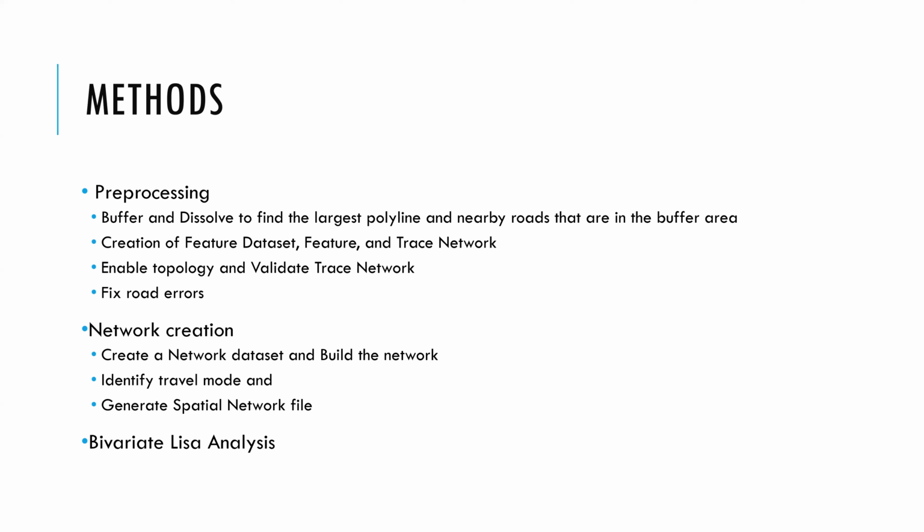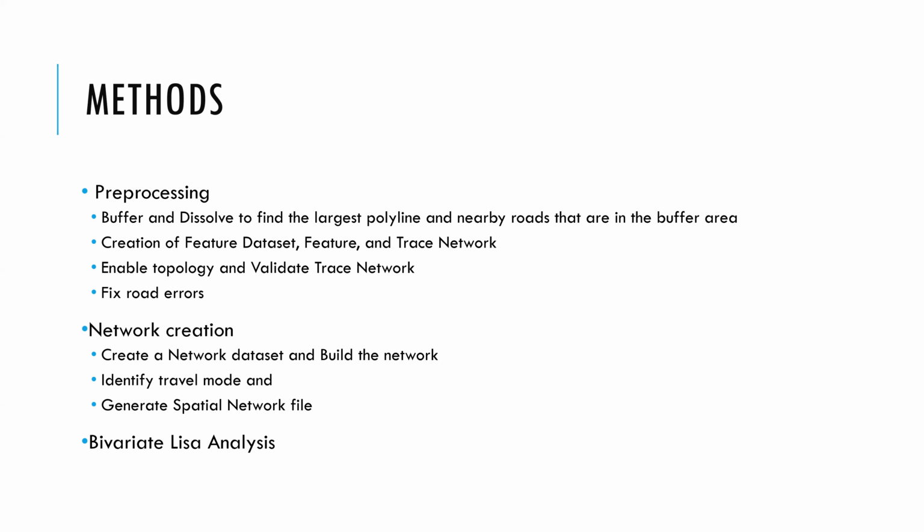Then I went on to the creation of the trace network, which I started by creating a feature dataset in my database. And then I imported the road polylines as a feature class.